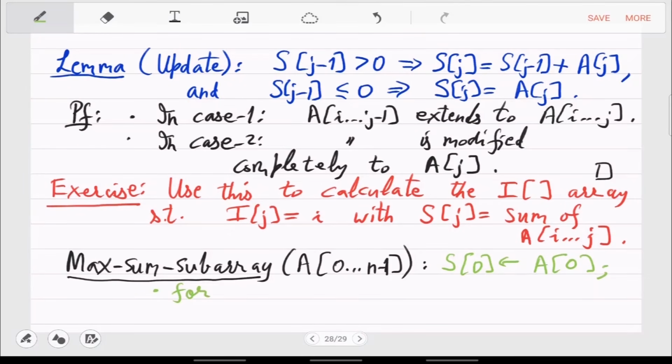So for j from 1 to n minus 1, if Sj minus 1 is positive, then extend the previous subarray.